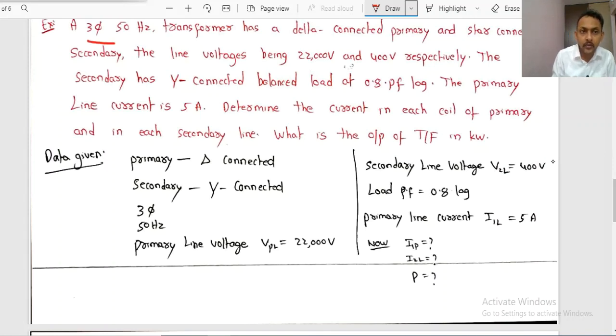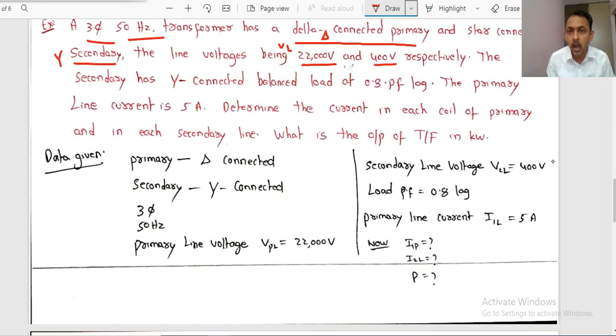A three phase 50 Hz transformer has delta connected primary and star connected secondary. The line voltages are 22,000 volts and 400 volts respectively.